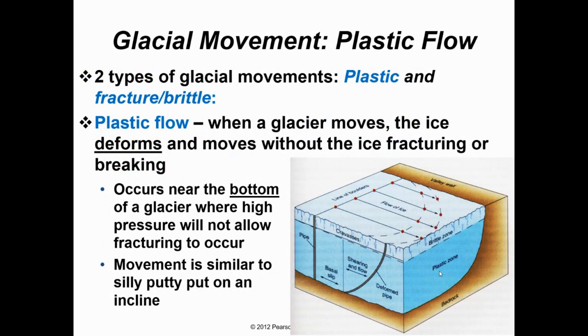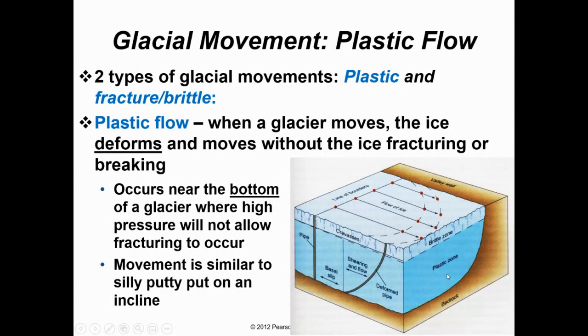All right, so all glaciers have one thing in common, and that is how they move. So there's basically two zones within a glacier, and in each of those two zones, the ice moves in different ways: plastic and brittle. Plastic flow occurs in the majority of the glacier, from the bottom up to somewhat close to the top.